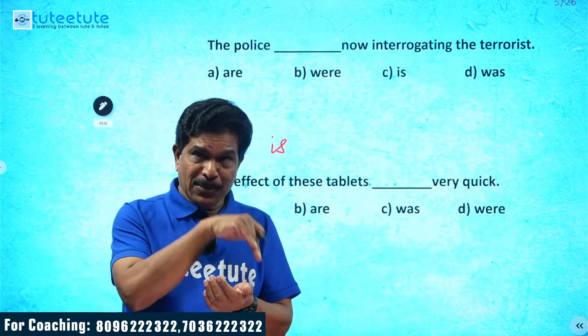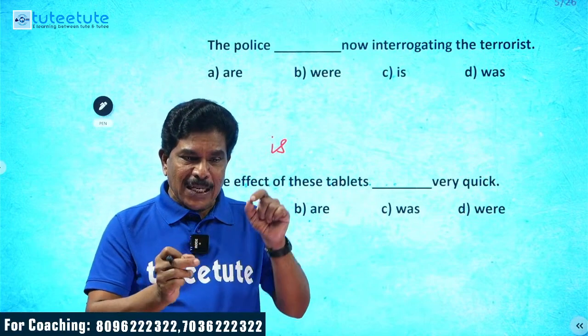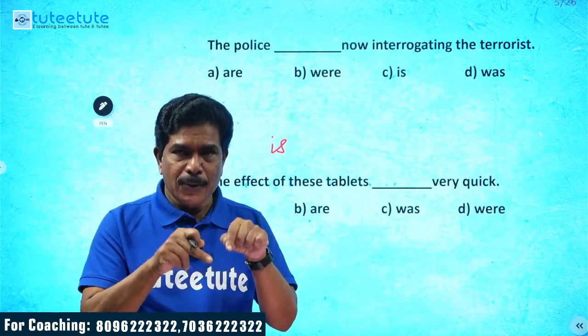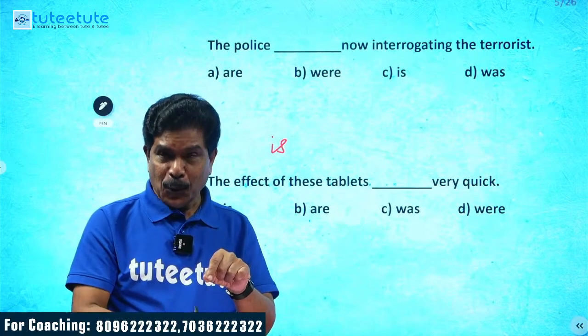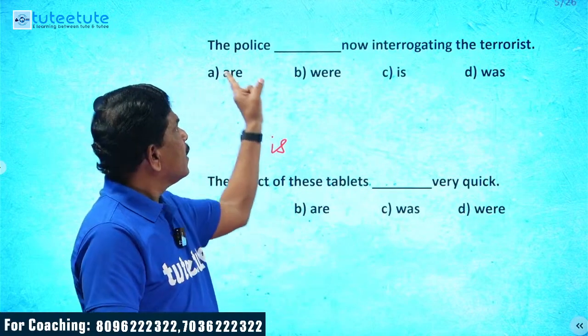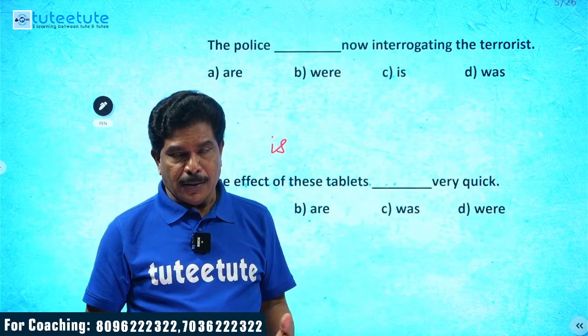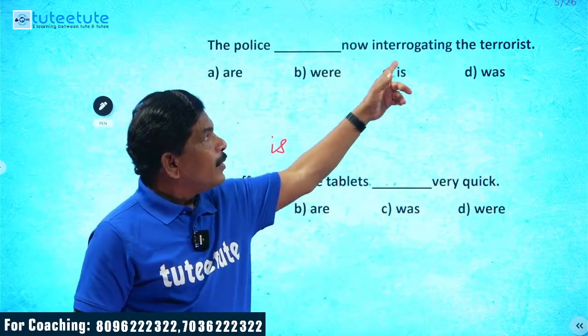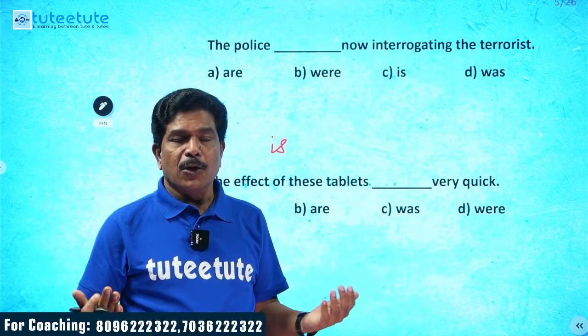But sometimes these nouns are used to mention the people inside this group. Whenever you mention the people inside the group noun, you should use it as plural. See, the police, here you can see a terrorist is being questioned, meaning interrogated. Who will question a terrorist?